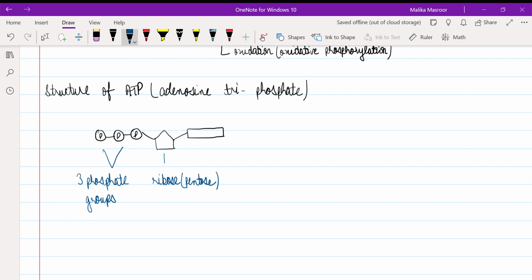You also have hexose, like 6 carbon, that is a glucose molecule, but this is 5 carbon, so you call it pentose. And this is your nitrogenous base. In this case, it's adenine because it's ATP, adenosine.